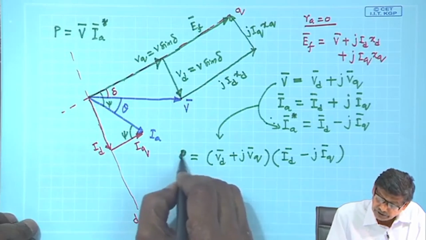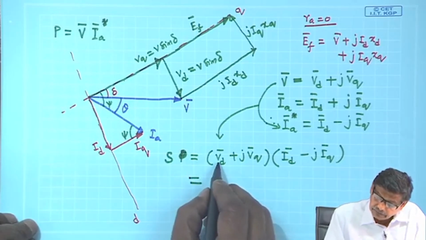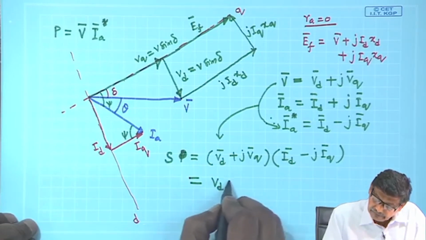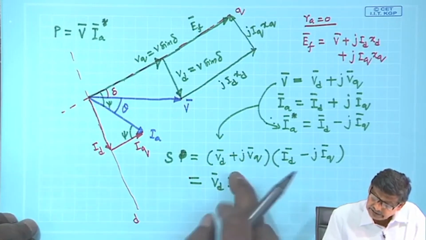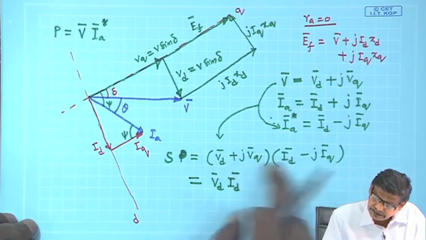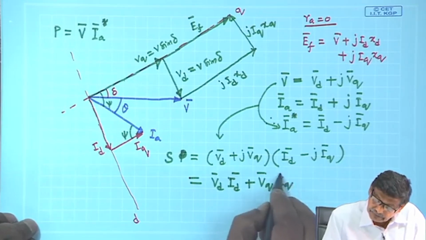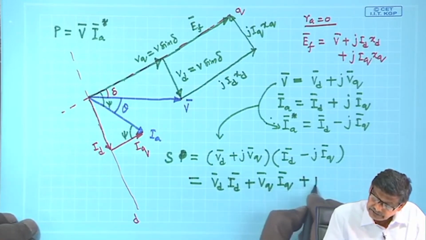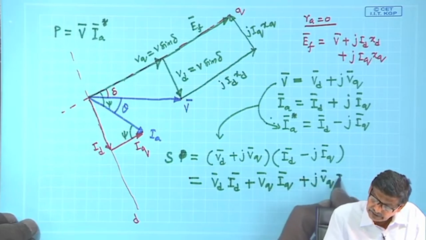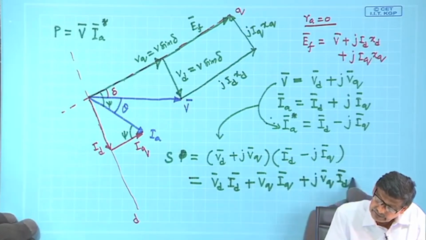I am sorry, I must write S, the total complex power, and this will be equal to the real part, V_d into I_d, and another j V_q I_q, j j, minus minus plus, so this will be V_q I_q, is it not, and then the imaginary part will be plus j V_q I_d, and minus j V_d I_q.